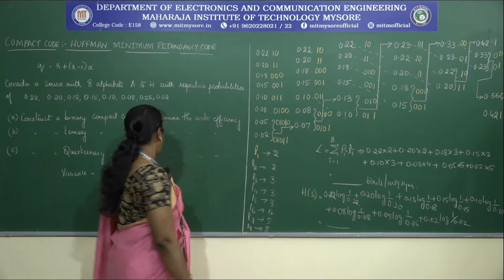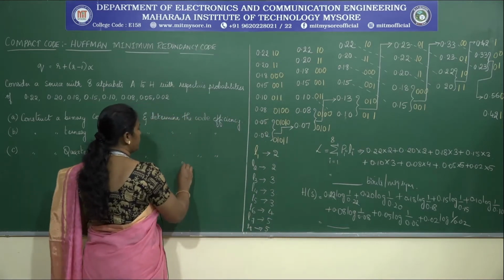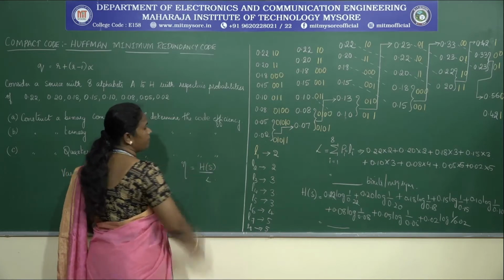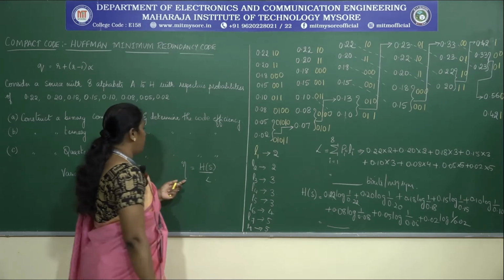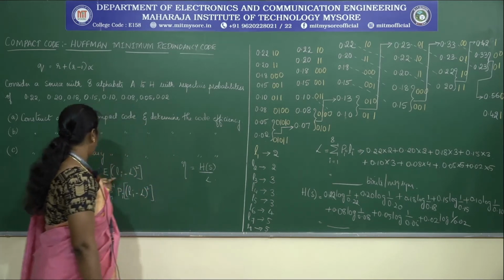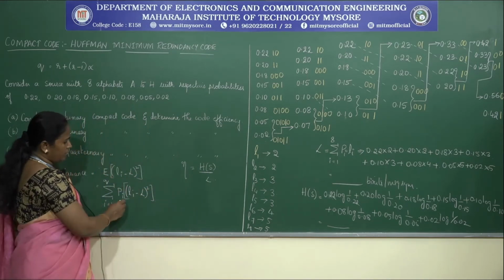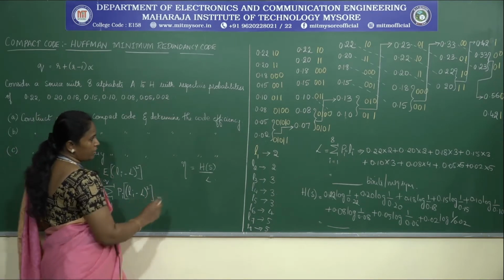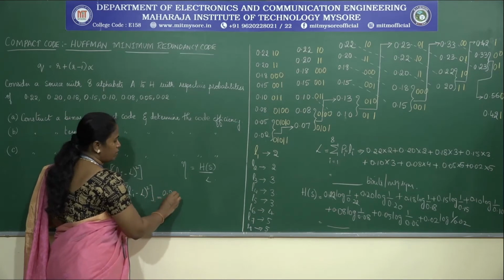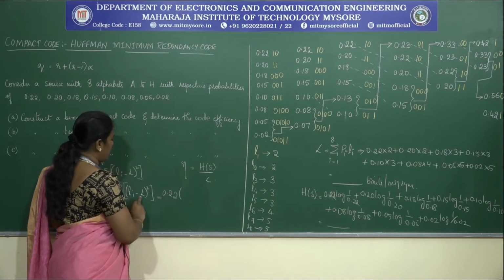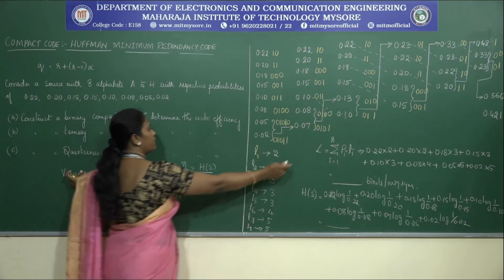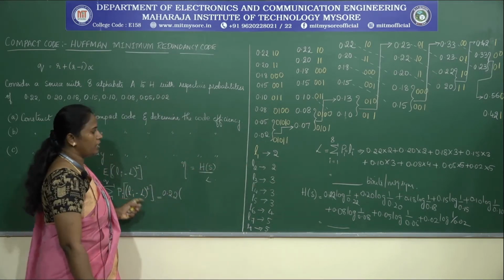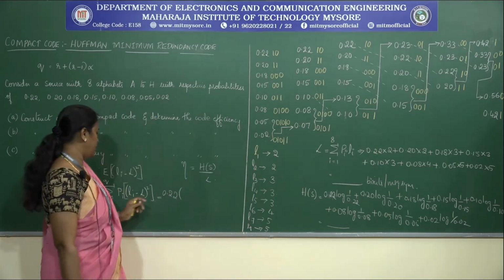Then we have to find the efficiency, which is equal to H of S divided by L. They have also asked you to find its variance. You know the probability Pi, so it is 0.22 into Li minus L, where capital L is the value you have calculated here, and small Li is the length you have calculated here.